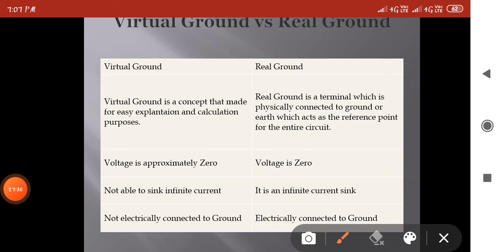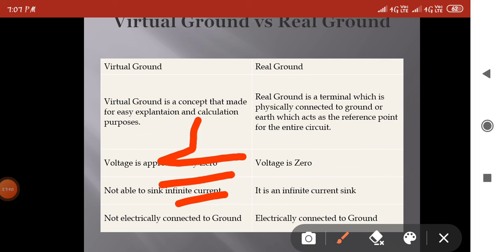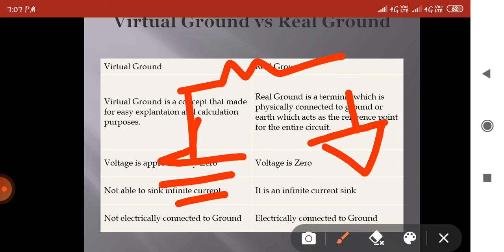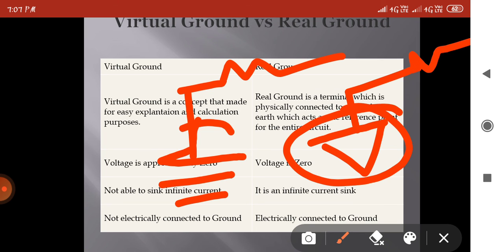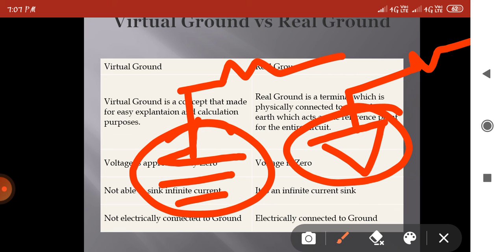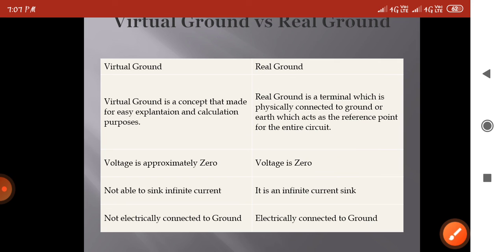For the real ground concept, we can connect it like that and show it, or we can connect it with the reference of the symbol. It is really connected, so we can explain it. But in the virtual ground we can't express it.